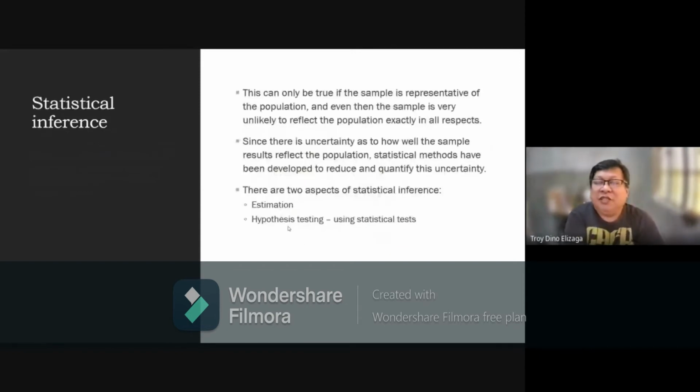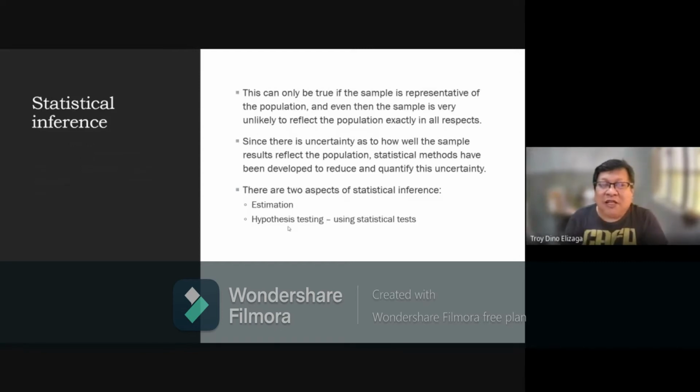So this exercise can only be true if the sample is representative of the population. And even then, the sample is very unlikely to reflect the population exactly in all respects. Okay, so since there is uncertainty as to how well the sample results reflect the population, statistical methods have been developed to reduce and quantify this uncertainty.